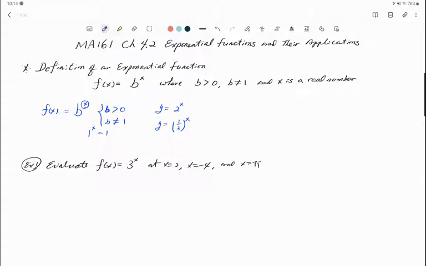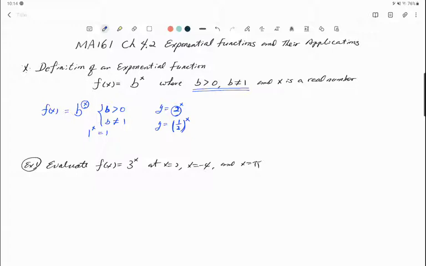The base is positive, so it can be greater than 1, or it can be between 0 and 1. That's the definition of an exponential function. Always keep in mind the condition.